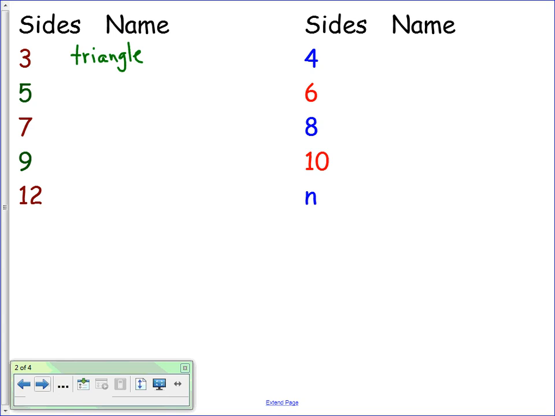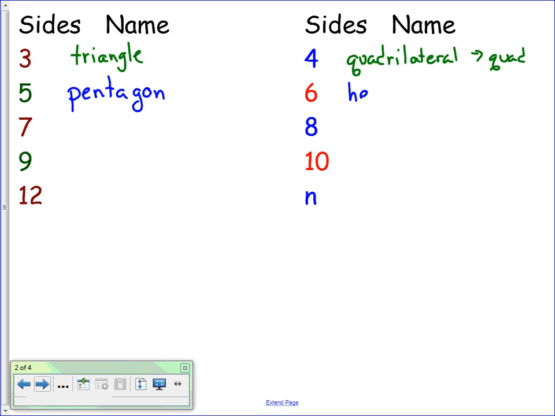If it is four sides, we call it a quad, prefix for four, and then a quadrilateral meaning four-sided. If you simply call it a quad, that is fine. I will reference it as a quad. The prefix for 5 is penta, and then we add gon on there. So a 5-sided polygon is a pentagon.